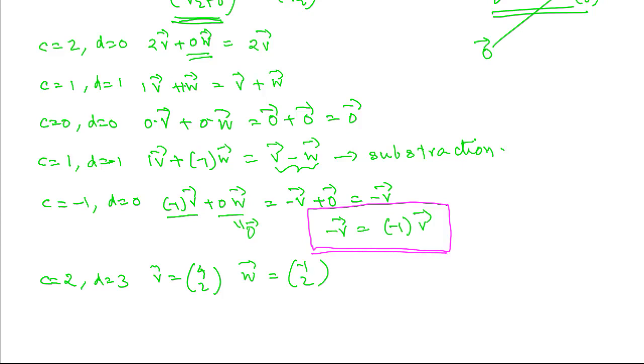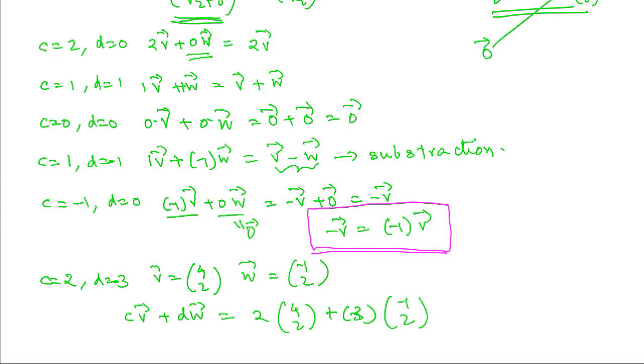I'm going to compute CV plus DW, which is 2 times (4, 2), and D is 3, but let's take minus 3 to make it more interesting, so minus 3 times (minus 1, 2).